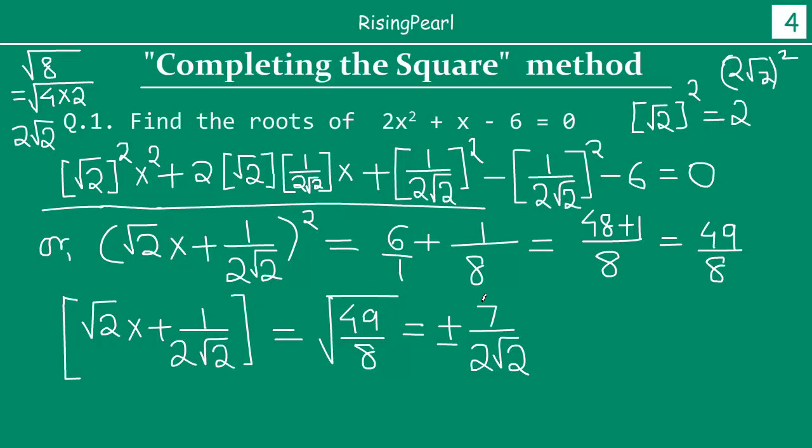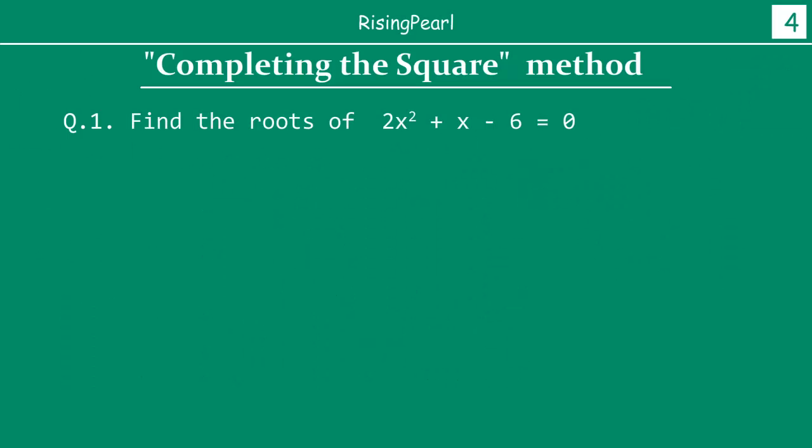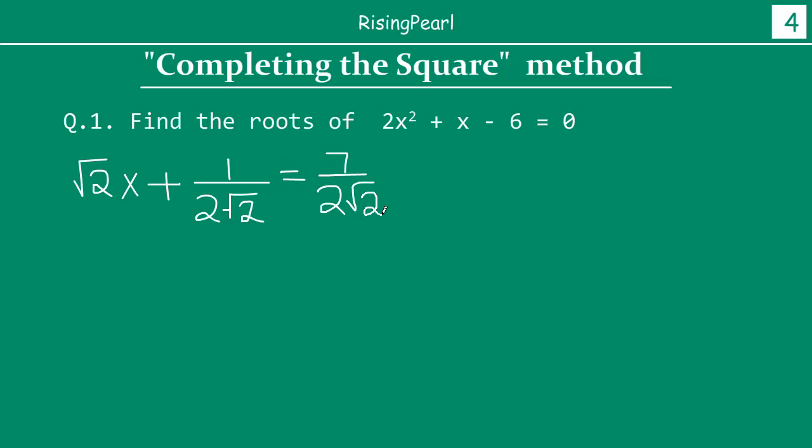So now let's give ourselves a little bit more space and do this properly. So what we have here is square root 2x plus 1 by 2 square root 2 equal to 7 by 2 square root 2 if I take the plus value, and let's draw a straight line to separate the two conditions.